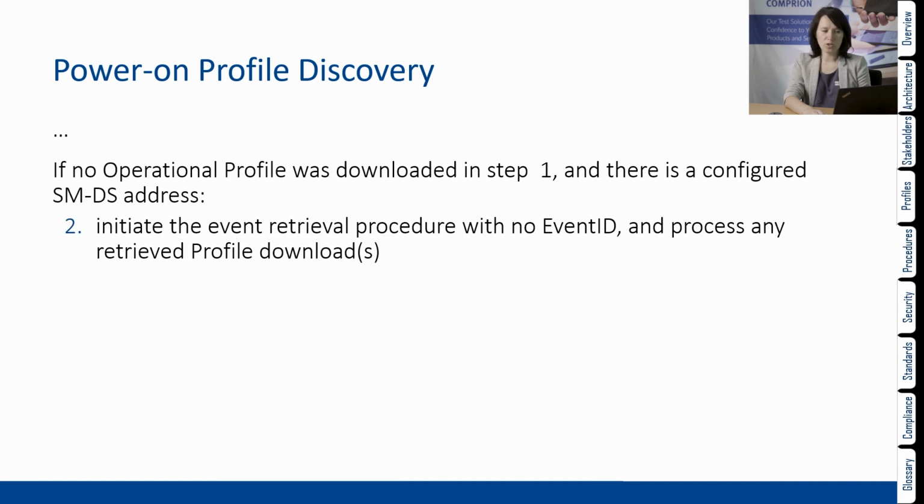If no operational profile was downloaded in step 1, and there is a configured SM-DS address, initiation will be done using the event retrieval procedure with no event ID and process any retrieved profile downloads.